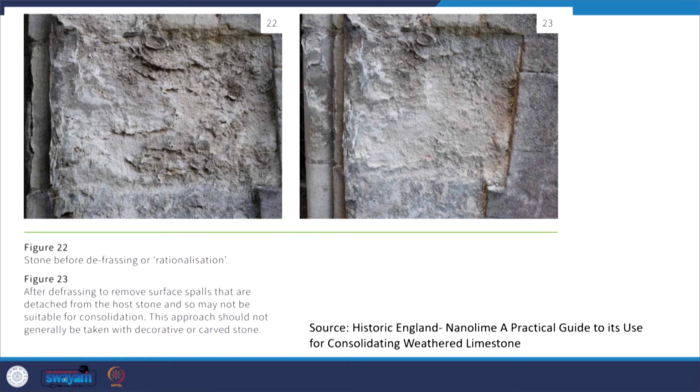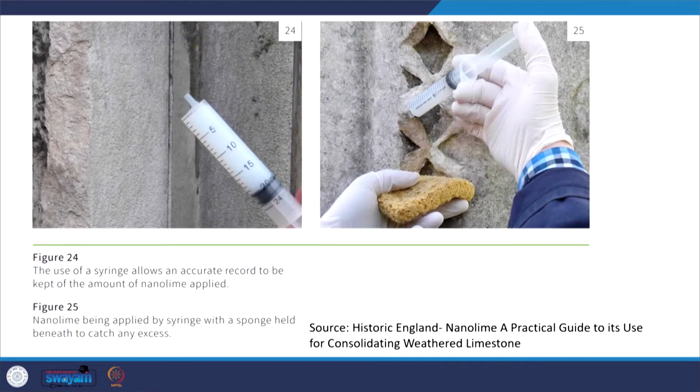We cannot take the same approach on a decorative or carved stone, because it completely takes away the whole aesthetic nature of it. We also have to consider the biological ingredients in it, because tomorrow they may cause further damage. So we may have to treat and clean that first. Then we can actually use the nano-lime.